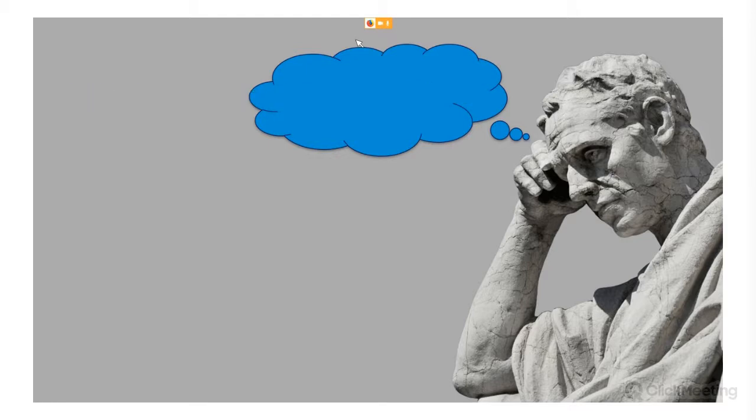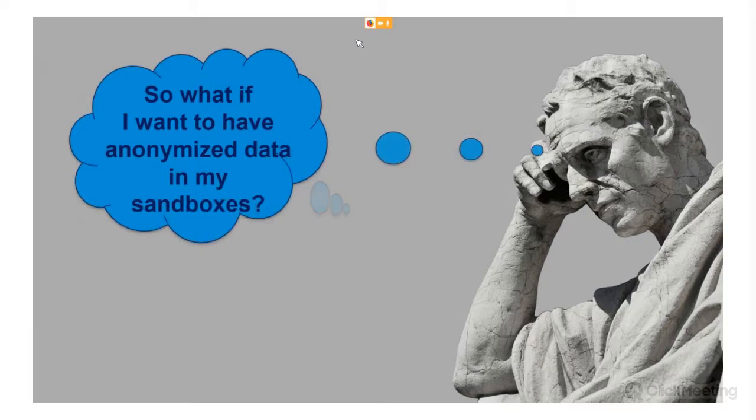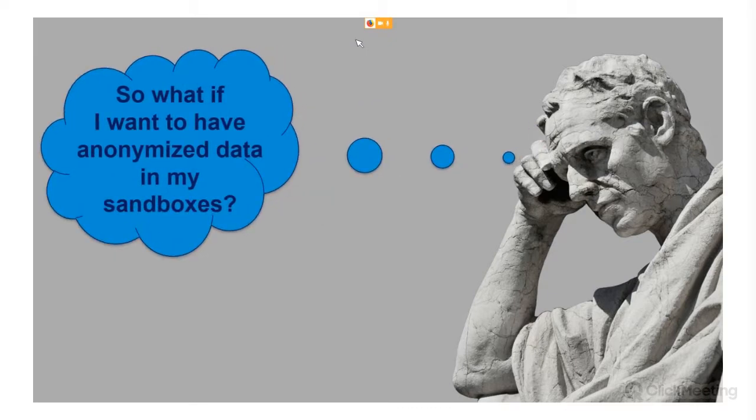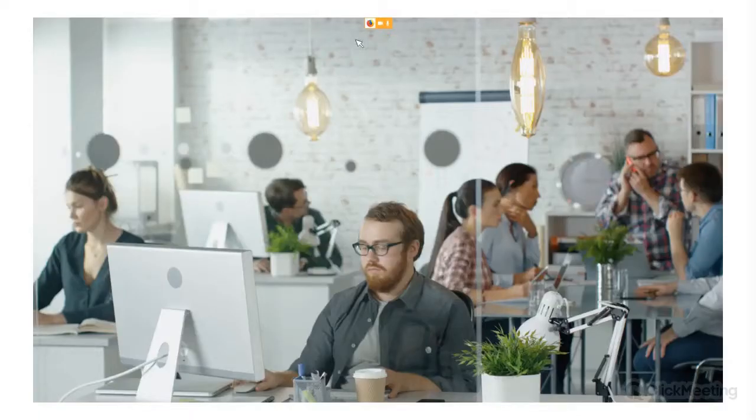And continuing on that, you can also have some bigger thoughts which you need to fit in, like, what do I need to do to get anonymized data in my sandboxes? And how do you do that? Because if you're going to alter your data for your sandboxes, that will impact the teams who are working with those sandboxes.